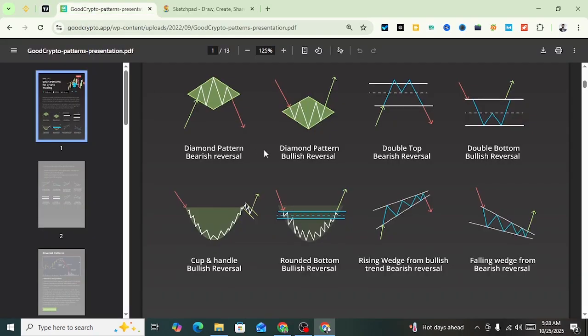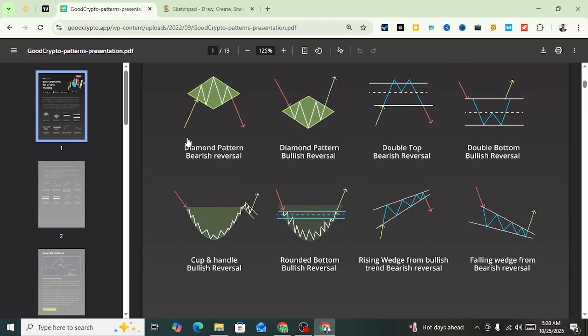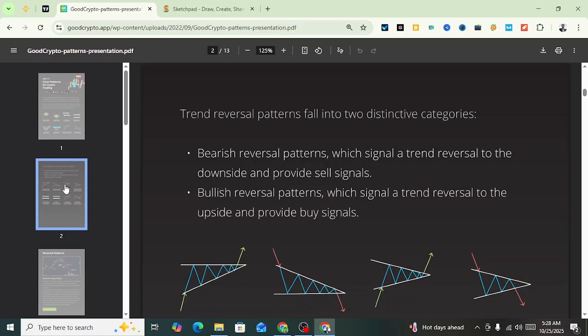We're going to look at these patterns. One is called the diamond pattern, then bullish, bearish, double top, bearish. There are different types of patterns. Just see them one by one.